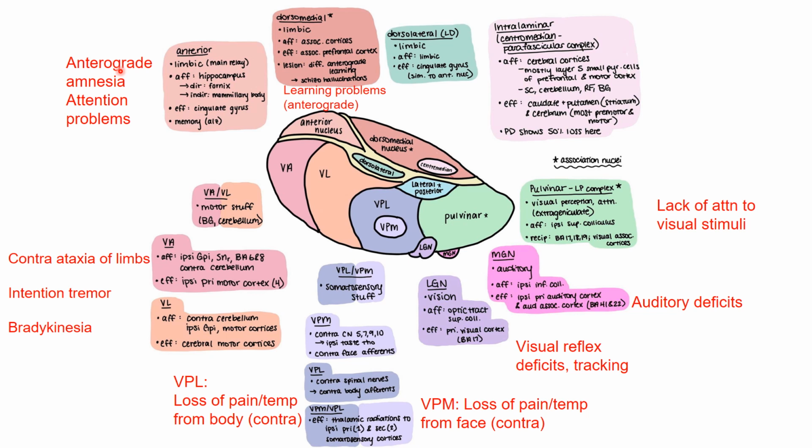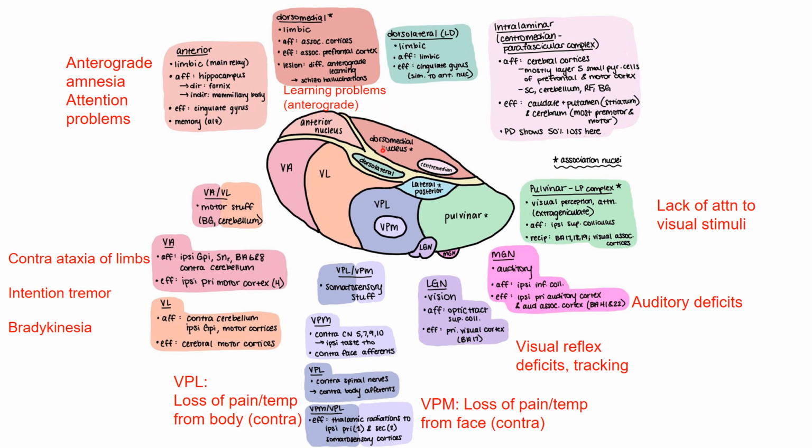That should make you think, okay, Papez circuit. A big part of that is the anterior nucleus getting information from the hippocampus via the fornix and the mammillary bodies. So if you take out this, you've taken out that circuit. Therefore, you cannot make new memories. So that would be the anterior nucleus.